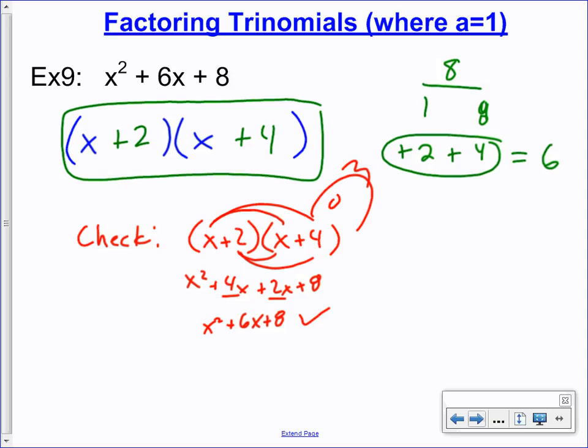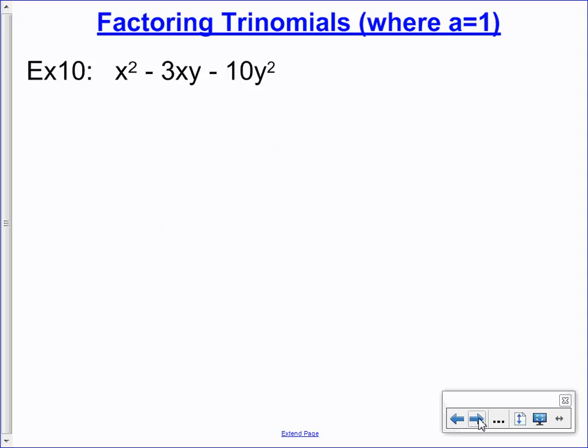Okay, here we go. Don't worry about the y's, just worry about that 10. Let's do the first part. Factors of x squared are x and x. The y is going to come later.